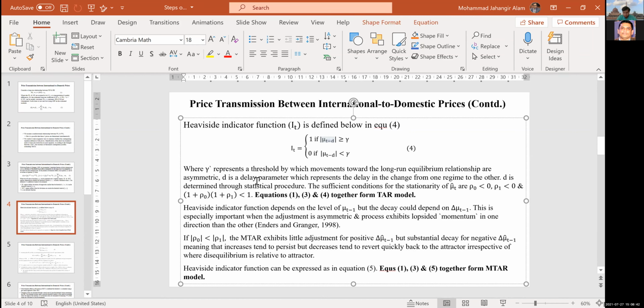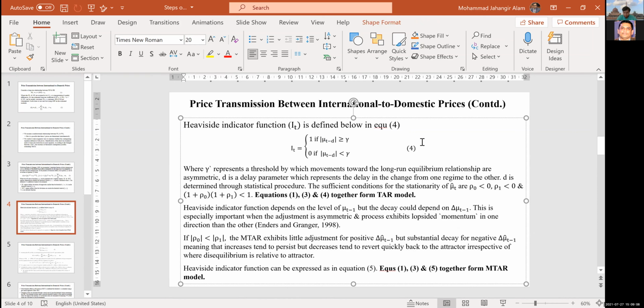In this case, we just redefine the indicator function. Instead of using the level value of mu t, the absolute value, in the momentum threshold autoregressive model we use the first difference. You see this one, the difference of this mu t.